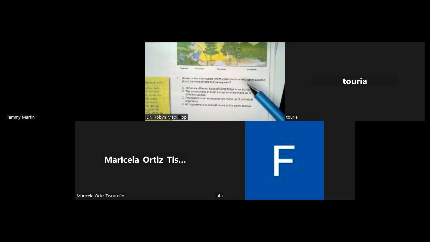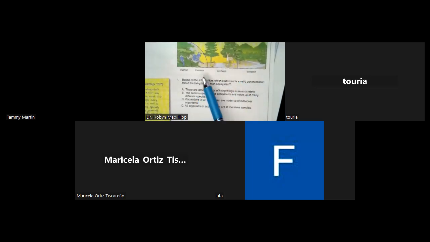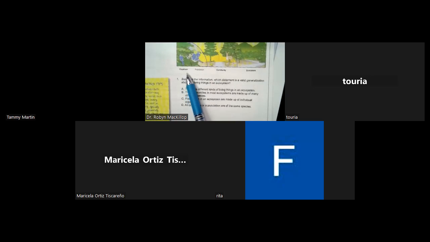All right. So this one is levels of organization in an ecosystem. We've got organism, population, community, ecosystem. Based on the information, which statement is a valid generalization about living things in an ecosystem? There are different kinds of things living in an ecosystem. Well, that's pretty true. The communities in most ecosystems are made up of many different species. That's true.